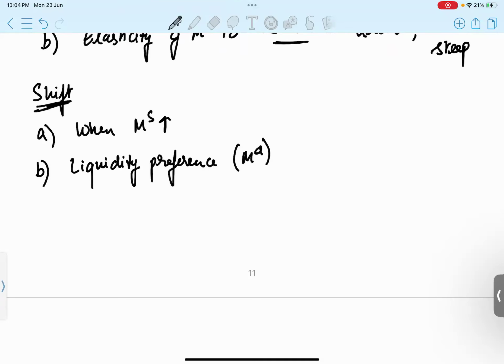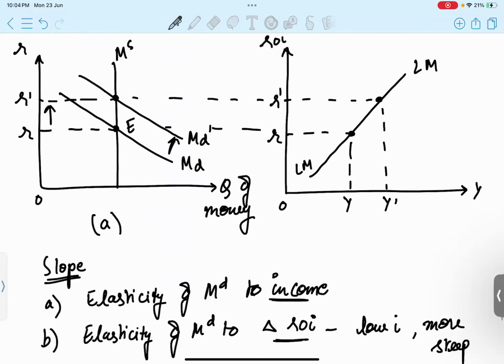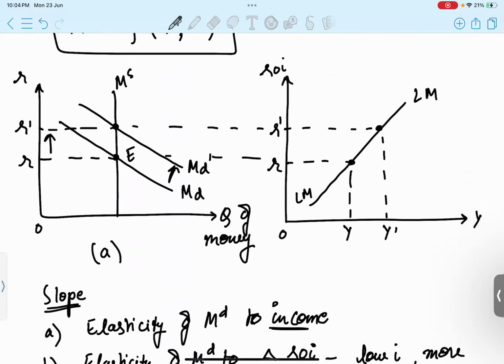So when this has a certain change, for example, if the money demand increases in the economy, we have seen the rate of interest will go up, and this will cause a left shift in the LM curve. So when we're talking about a left shift in the LM curve, we are talking about this position.